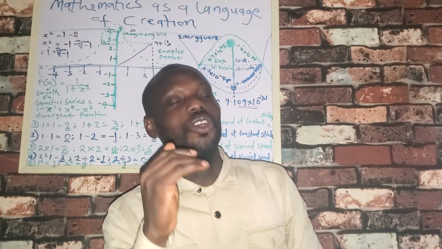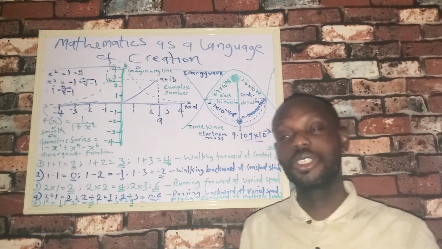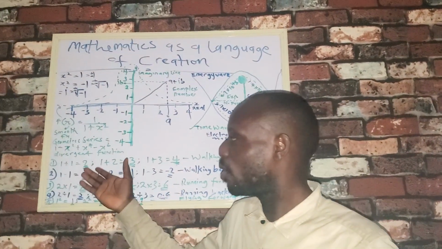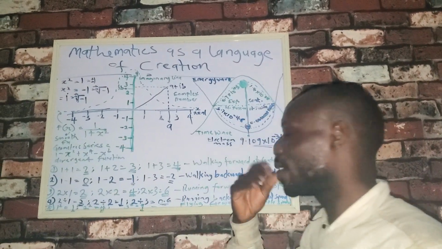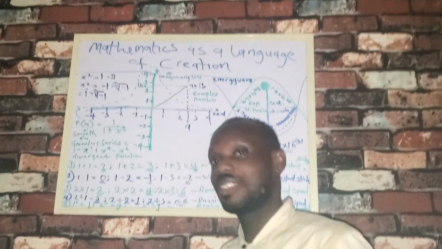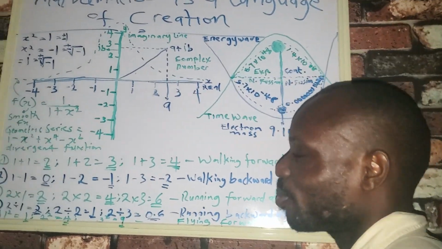The same thing we have in the usage of mathematics, and we'll see that in the operation of the real number to generate the number system here. So now let's dive into it.